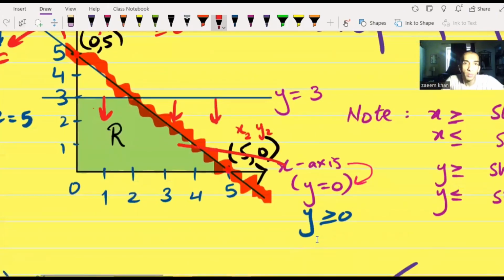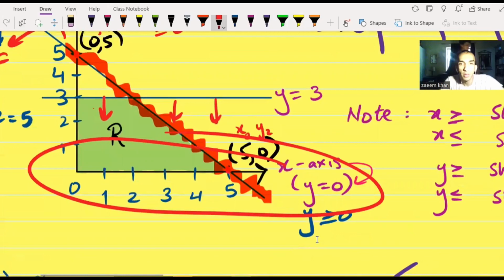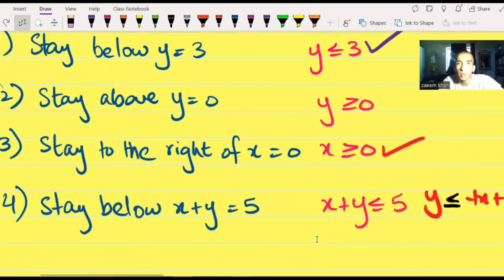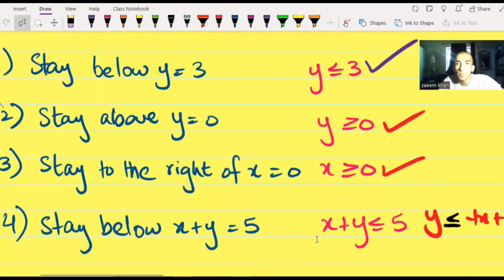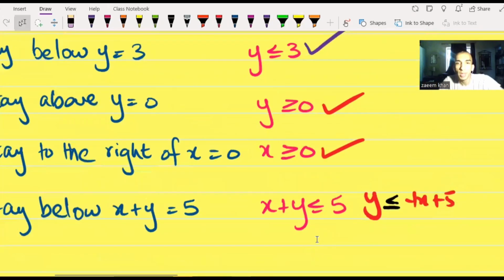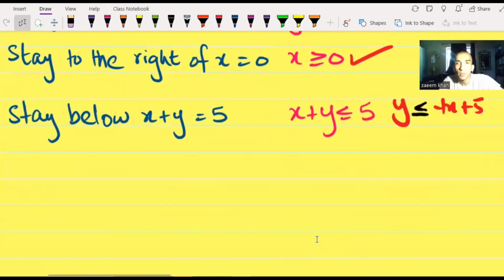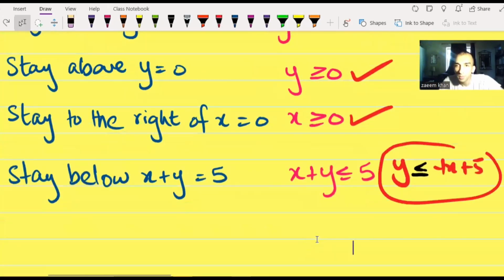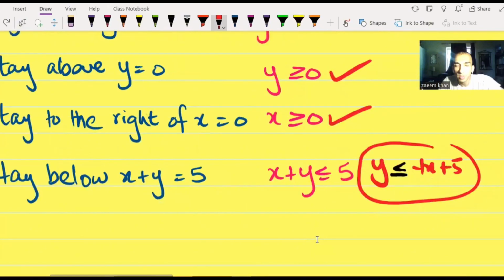If you remember, you asked me to stay above this line. This line is y equals 0. If it's supposed to stay above it, it's going to be y is greater than or equal to 0. The only thing that doesn't match so far is the fourth answer that you've given. You asked me to stay below this line, and the symbol happens to be the same, but the representation doesn't happen to be the same.